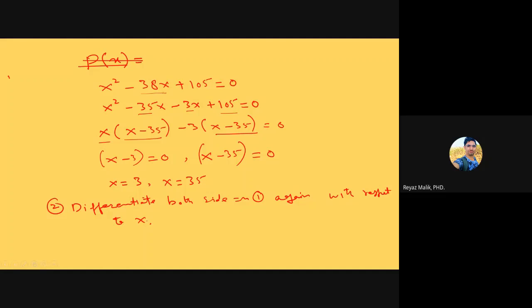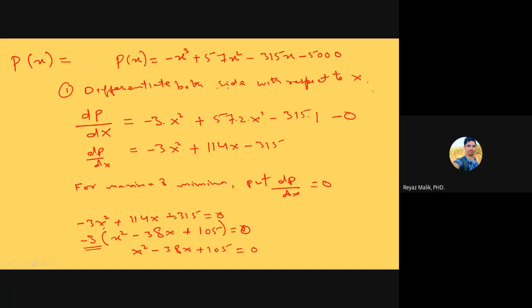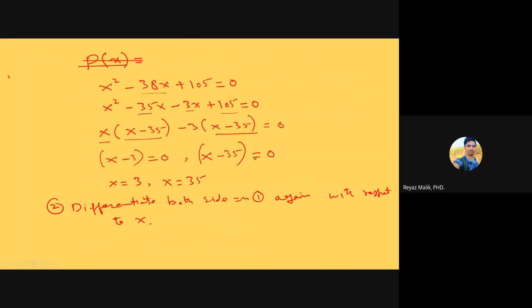We have to do double differentiation now. The first differentiation equation is this one here, minus 3x square plus 114x minus 1315. We will write it here for our convenience.